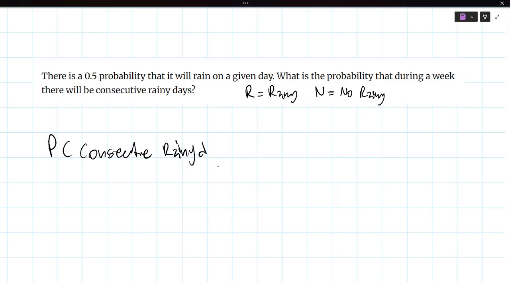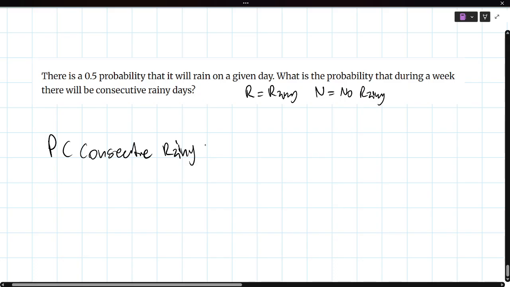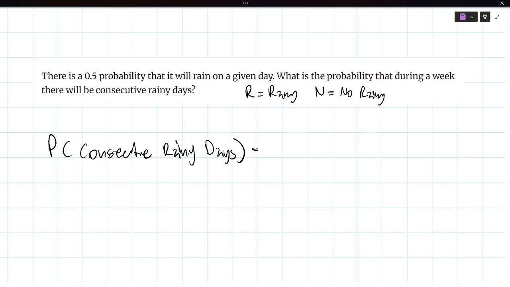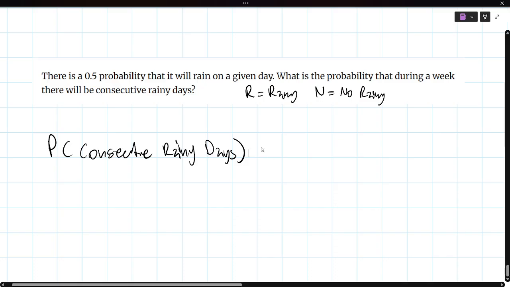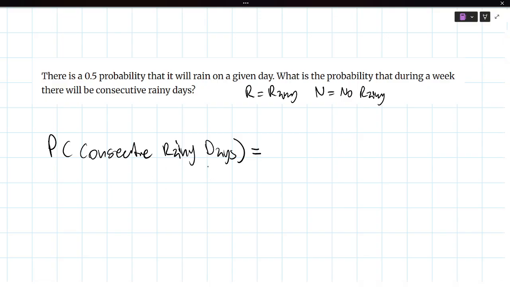Usually when you are trying to find a probability which has lots of enumeration linked to it, you try to find its complement and you do 1 minus the complement.